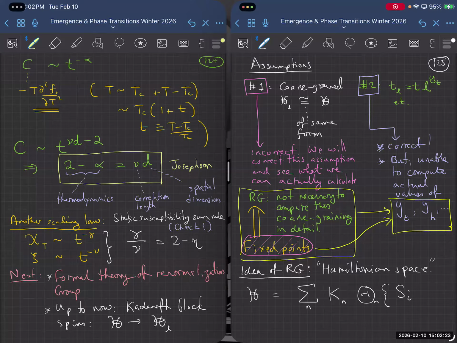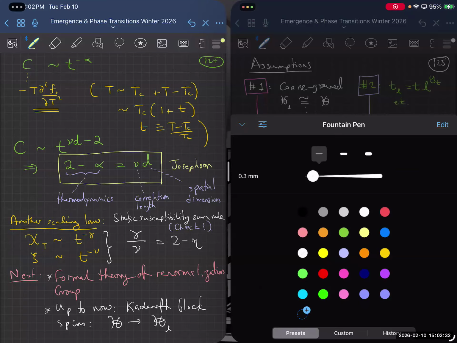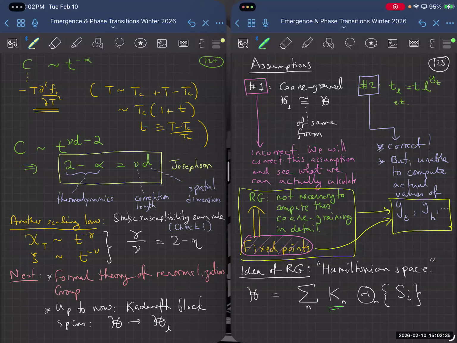And so the local operators were quantities that varied on the degrees of freedom, the Si, and then the Ks were the coupling constants that told you how important a particular local operator was. So these were the coupling constants. And then these are the local operators. And they are local because they are operators composed of the underlying degrees of freedom.